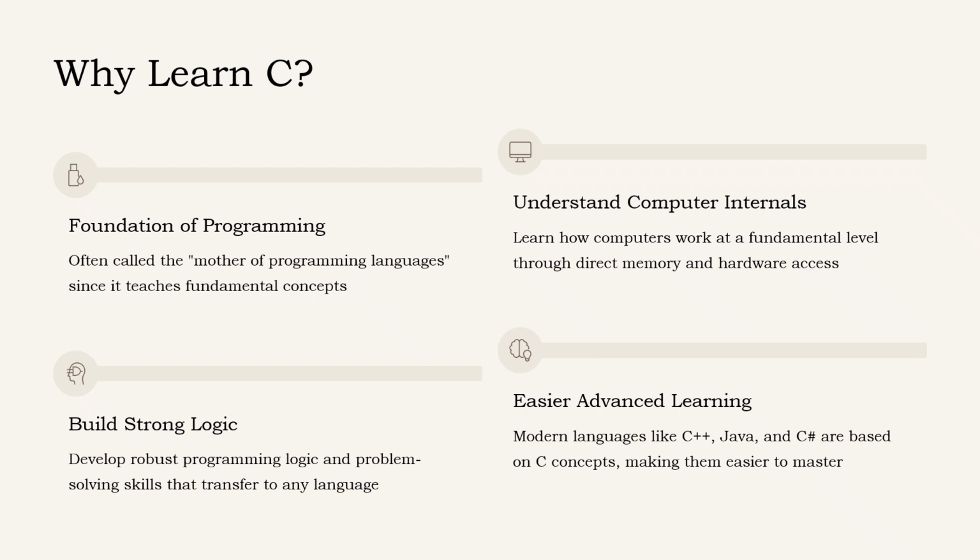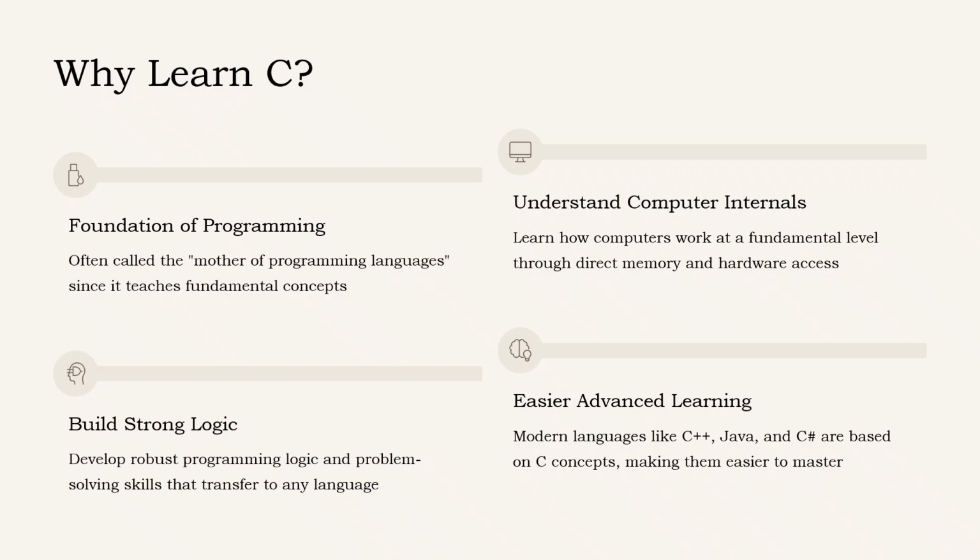Because of this, C is usually the first programming language taught in computer science courses. So these are some of the important features of C: the foundation of programming, the mother of programming languages, understanding computer internals, building strong logic, and very easy advanced learning.